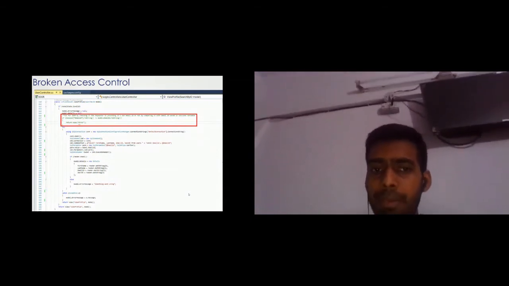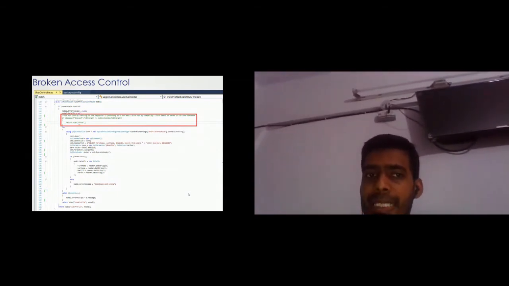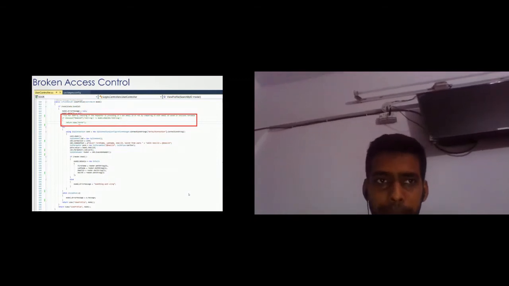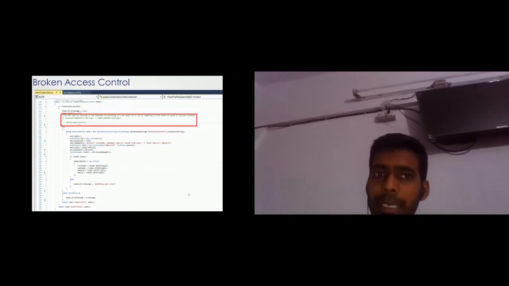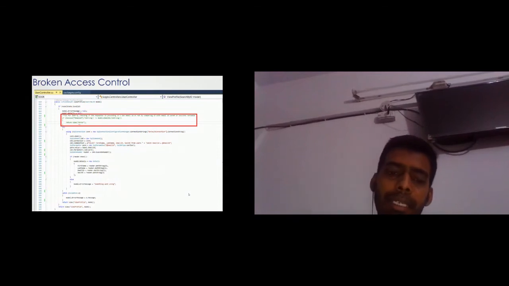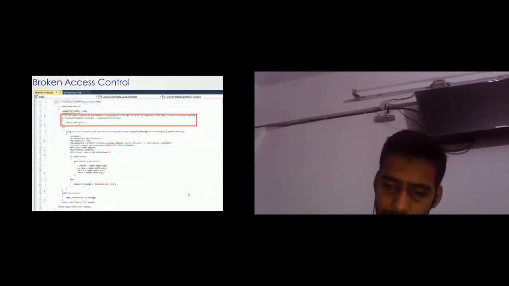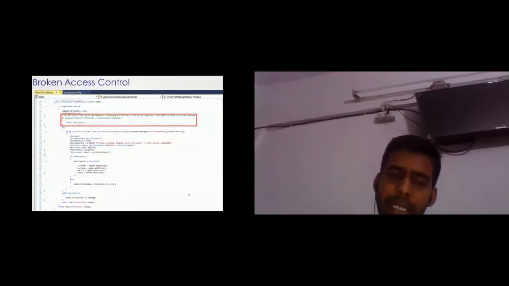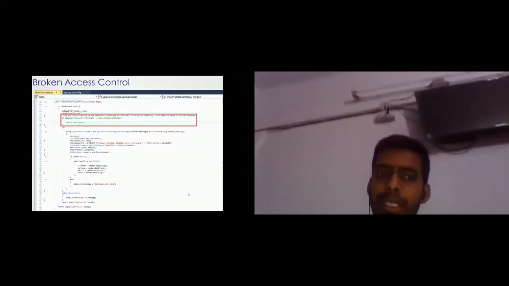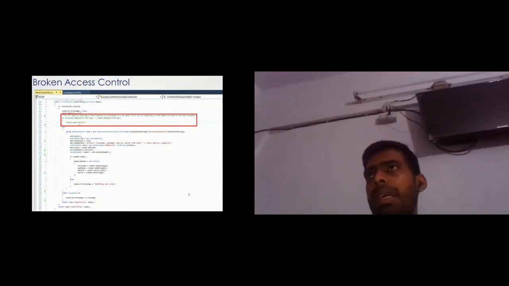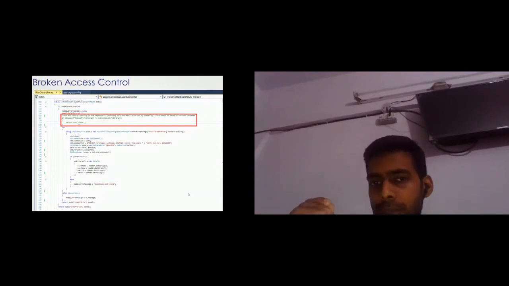So in this case, we can simply implement a small check. For example, let's say I marked the email ID as a primary key and saved it in the session variable. I can use that same email ID to check if the user is trying to view his own data or someone else's data.